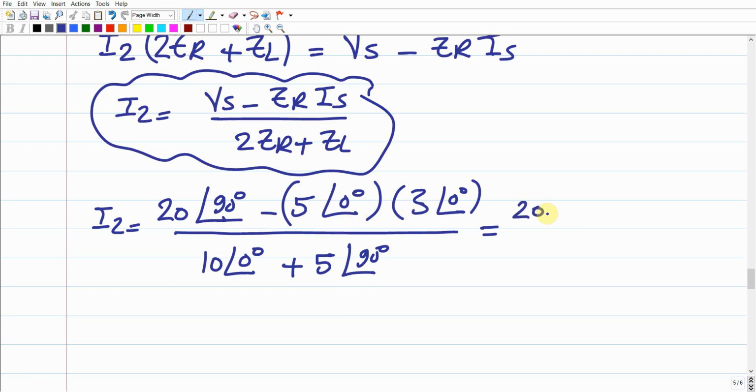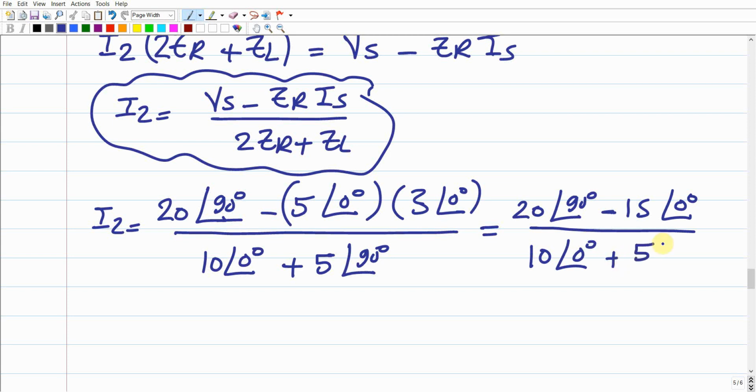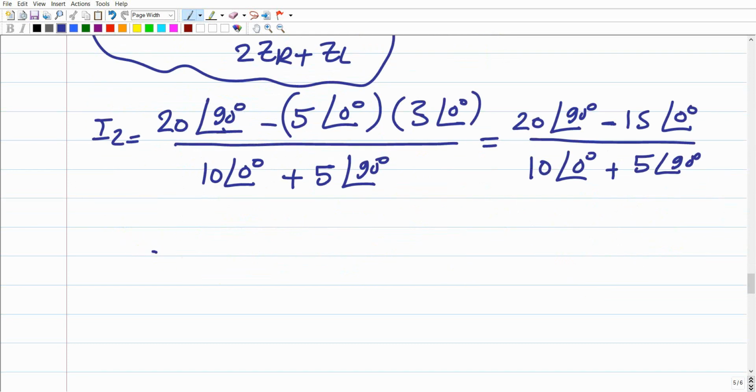Then we have to do this multiplication. This is going to give us 20 angle 90 degrees, and we do have here 15 angle 0, all of this divided by 10 angle 0 plus 5 angle 90 degrees. Then we have to do the summation and subtraction on the top and the denominator. So we have to convert to the rectangular form. This 20 angle 90 is going to be j20, negative 15 is just real, divided by, this is going to be real, this is going to be plus j5. Make sense? Then we're going to convert this into the polar form.